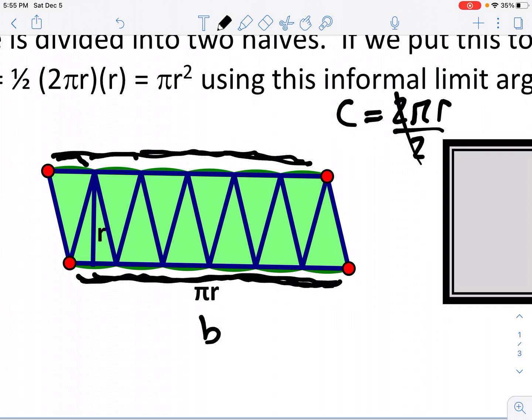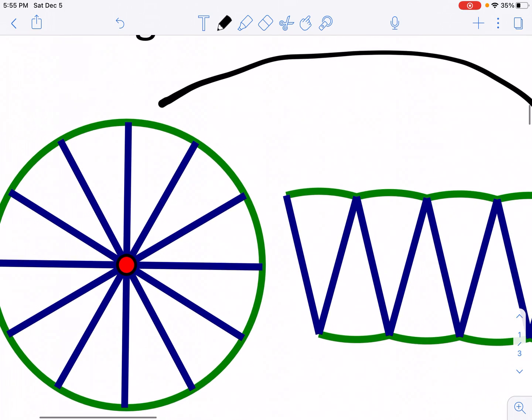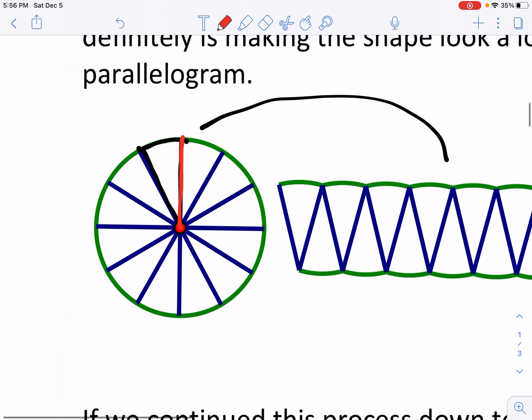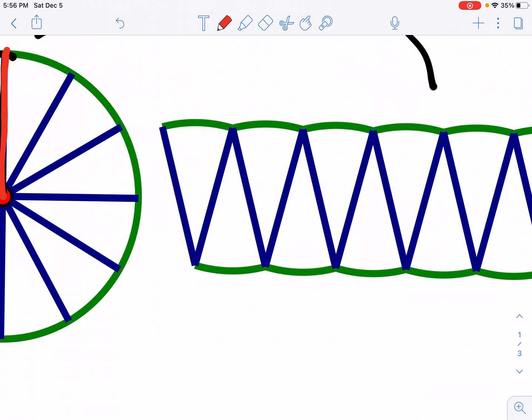Pi times the radius. And the height here, notice if we look at our pieces, each one of these pieces comes from this guy, where this piece from the center to the outer edge is just a radius, okay? So if we look at this piece here, eventually, as things get straighter and straighter, this length from the center to the outer edge is nothing more than a radius.